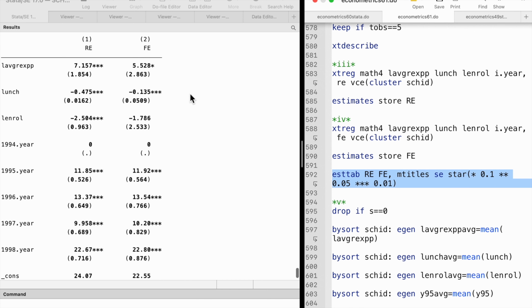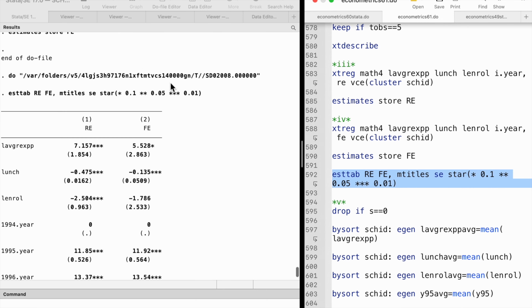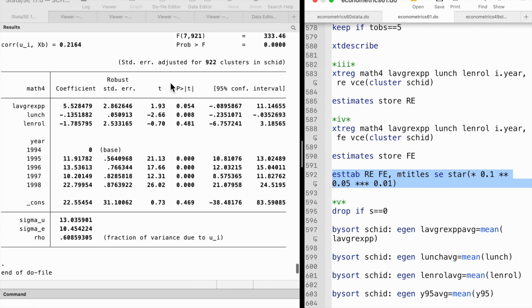The fixed effects estimate is smaller than the random effects estimate for the spending effect. And the fixed effects estimate is only statistically different from 0 at the 10% level against the two-sided alternative. So the 95% confidence interval contains 0.